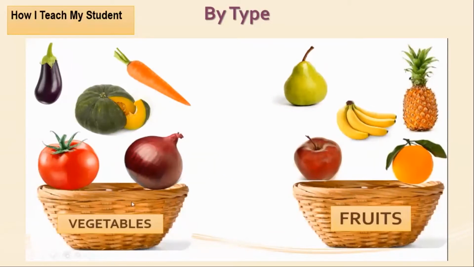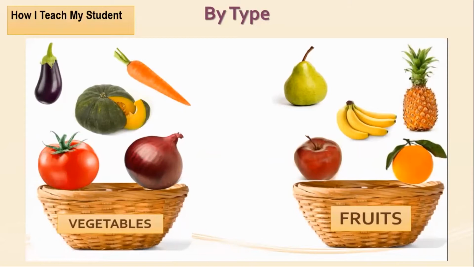What is in the vegetable basket? Tomato, an onion, a pumpkin, a brinjal, a carrot are in here. In the fruit basket, there is an apple, an orange, bananas, a pear, a pineapple are in here.